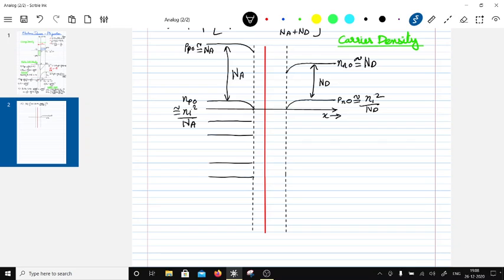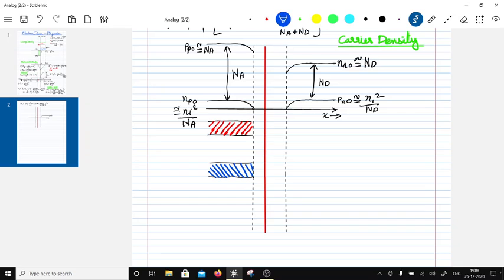Now this is the conduction band on the p side, which goes up because the electrons have moved to this side, and then this is going to be the valence band on the p side. This is also moved up, right?